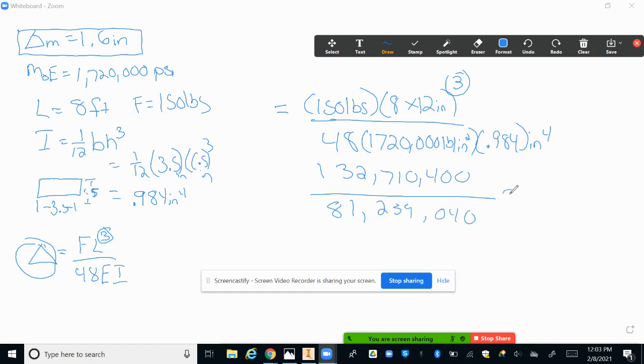Now I'm going to divide these two and see what I end up getting. And my final answer is 1.63. So I would call that pretty accurate. We did a decent job. It's pretty close to the 1.6 that was given to us in the simulation.